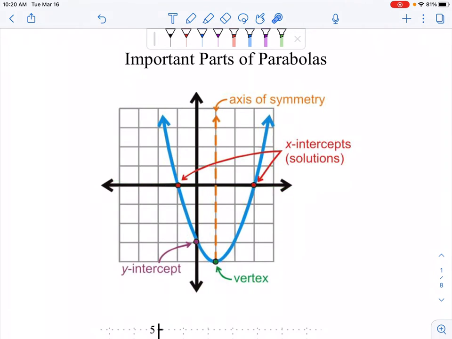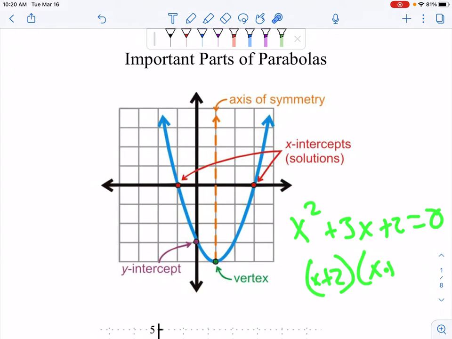When we were solving for x squared plus 3x plus 2 equals 0, we would solve this out and get x plus 2 times x plus 1 equals 0, and then x equals negative 2 and negative 1.